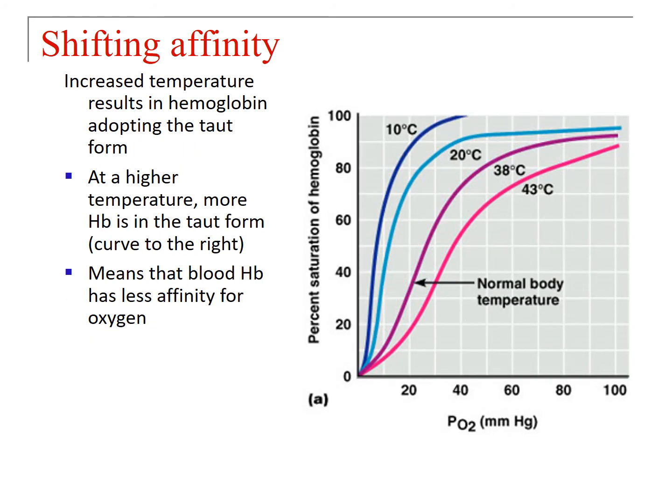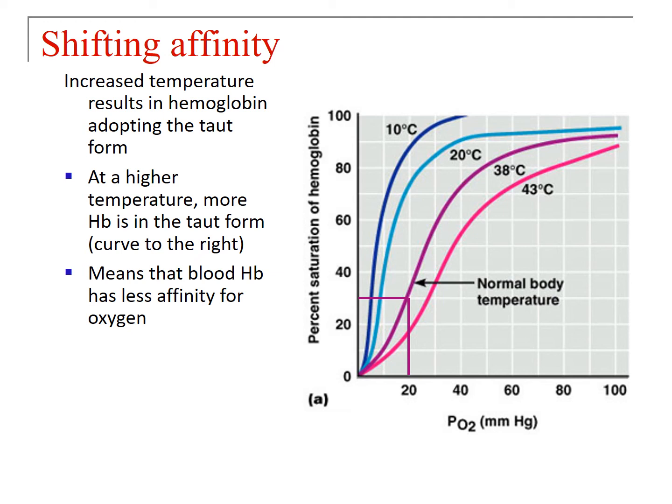Okay, now temperature will do something fairly similar. So at a higher temperature, you'll see hemoglobin in the taut form. So this curve shifts to the right. So at a normal body temperature of 38 C, you're going to see a certain affinity of blood hemoglobin for oxygen. Okay, so at a PO2 of 20, you're going to have about 25 or 30% saturation of hemoglobin.